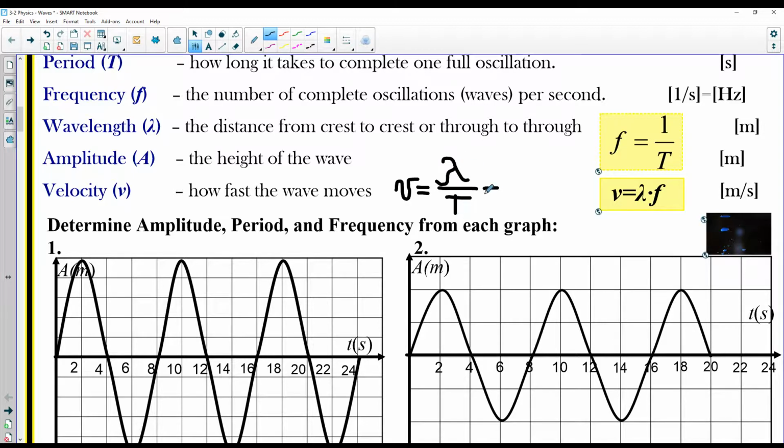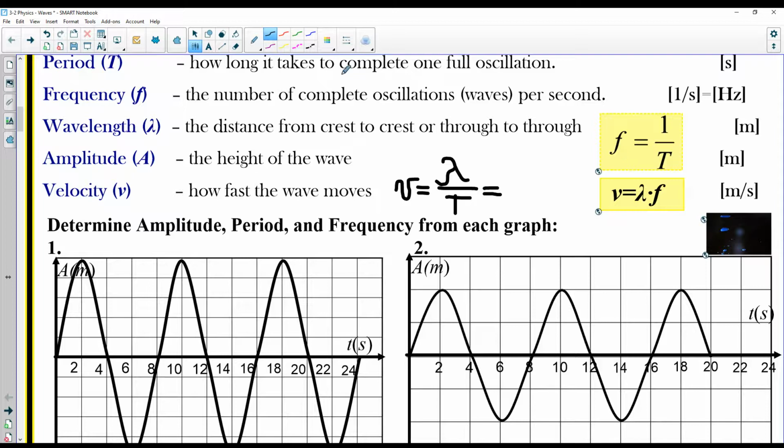But the frequency and period have a reciprocal relationship. So frequency is how many per second. How many vibrations can you make within the period of 1 second, let's say. So frequency is equal to 1 over T, or T is equal to 1 over frequency.